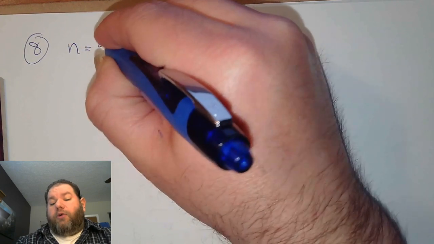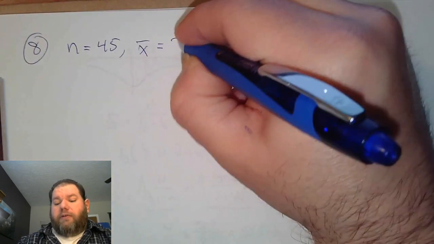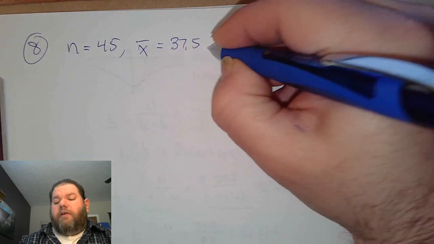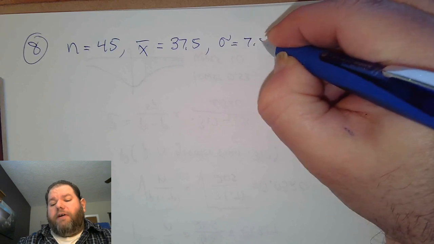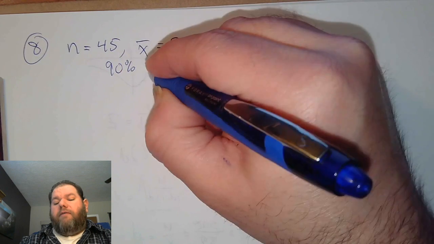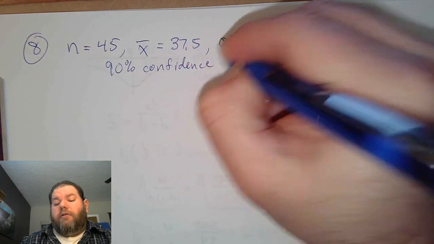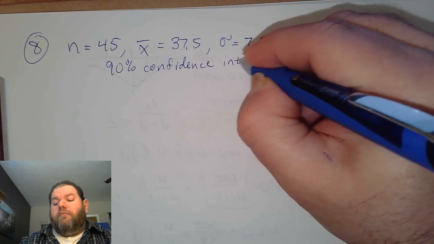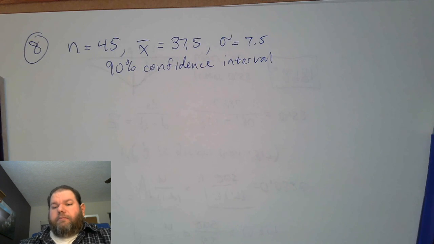Sample size is 45. Sample mean is 37.5. Sigma, this is our population standard deviation, 7.5. And we want a 90% confidence interval. Okay. So that's all of our data.